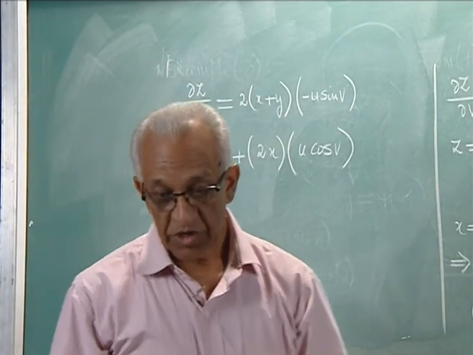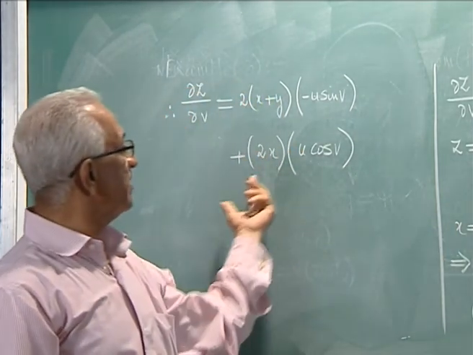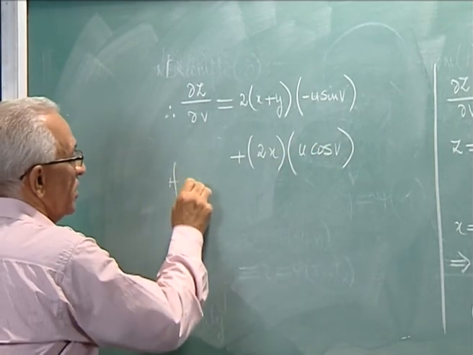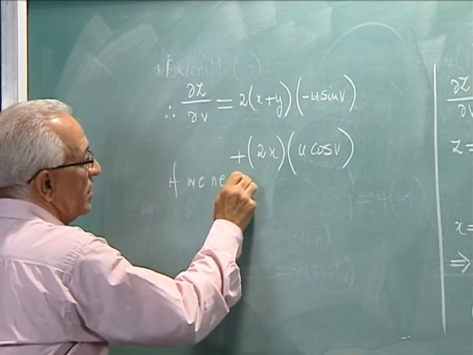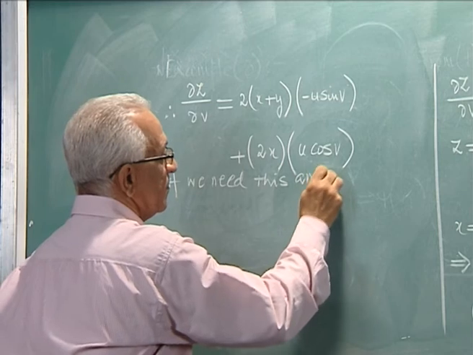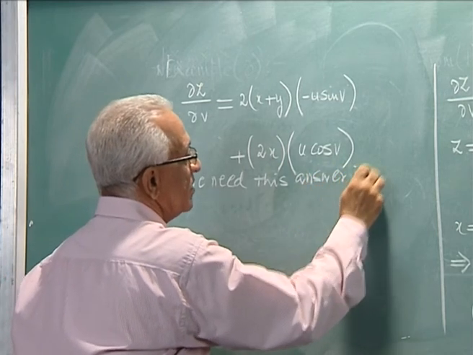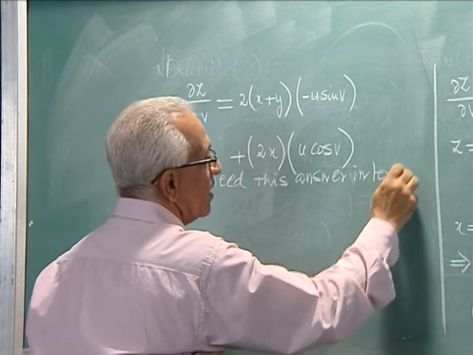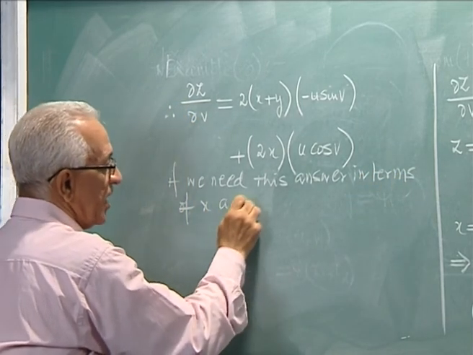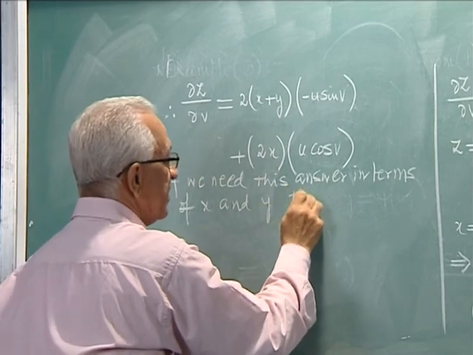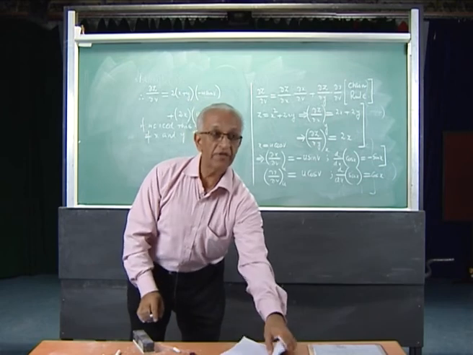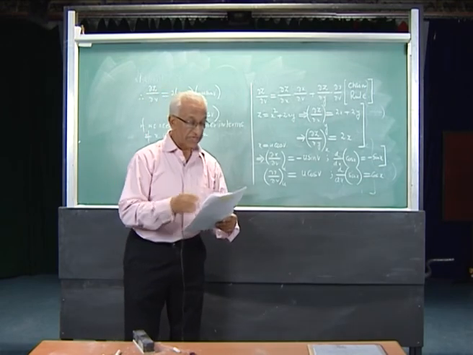As I have told you, mind it, we want to convert them in x and y purely. So, if we need this answer in terms of x and y, you go back to the question and we will have that relation.